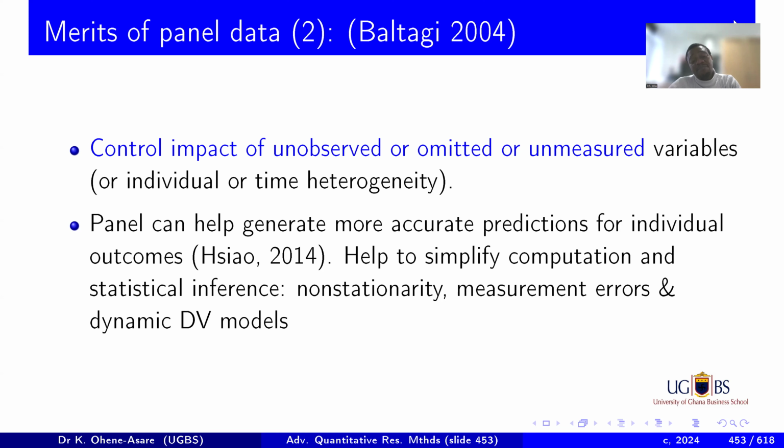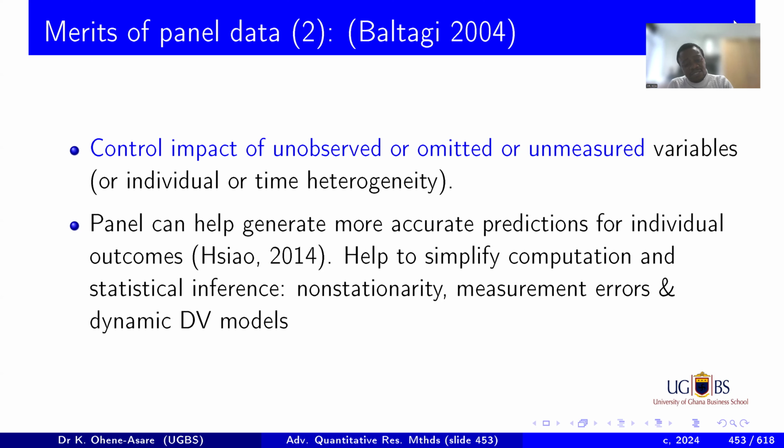But what if there's nothing past? Cross-sectional is just one period. There's nothing in the past to be able to predict the future. You can also handle certain inferences like non-stationarity, measurement errors, dynamic panel data. You can use two-stage least squares, instrumental variable approaches.